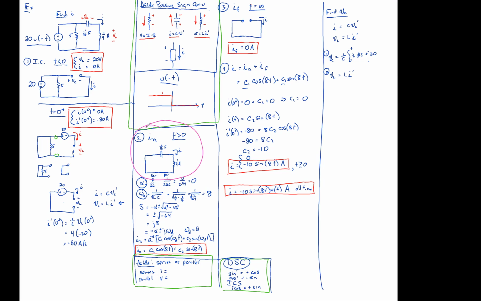If we put in the way we've defined VC and VL in the very beginning, you can see that for time greater than 0, these guys are connected. They're just opposite signs. So therefore, we could say VC is equal to minus VL.